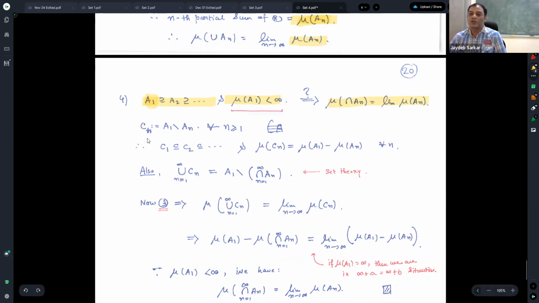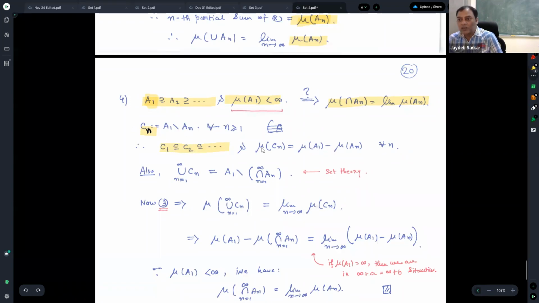How do you do that? I define Cn to be A1 minus An. Since it is decreasing, this makes sense. And then you are going to get an increasing sequence.